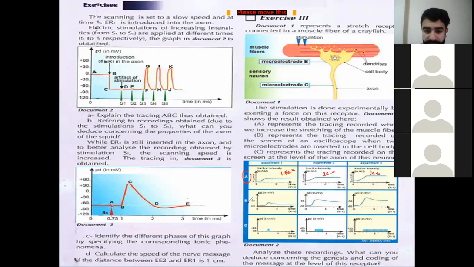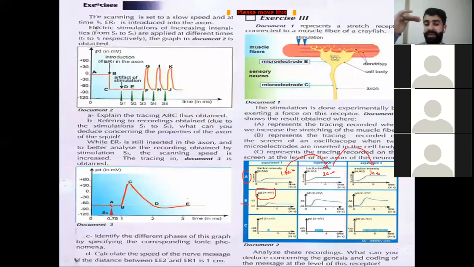In figure B, we represent the tracing recorded on the screen of the oscilloscope when two microelectrodes are inserted into the cell body. Here we are showing the potential difference in millivolts in each experiment. We increase the intensity from 1.5 to 2 AU, then from 2 AU to 3 AU, and we observe the differences.